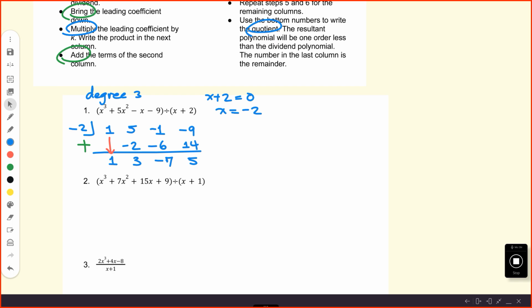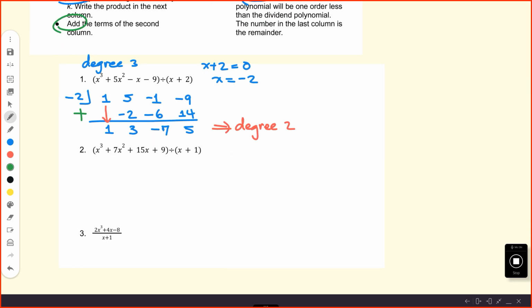The leading term will have an exponent of 2, that's 3 minus 1. So the first number will be x to the power of 2, the next coefficient will have the x term, the next one will be the constant, and the last one will be your remainder.